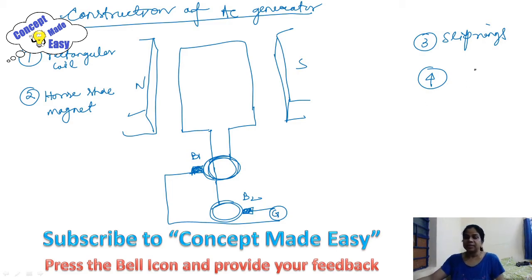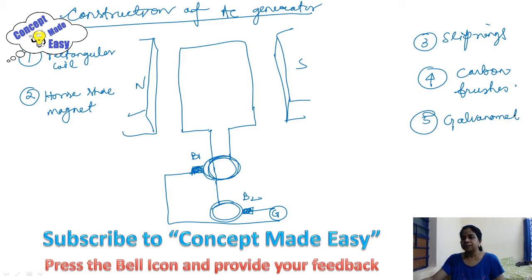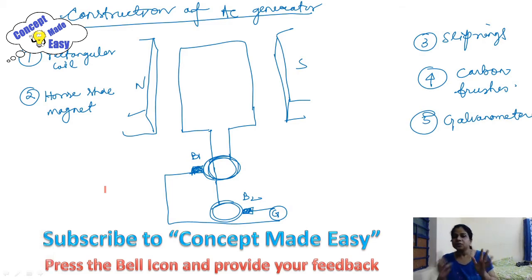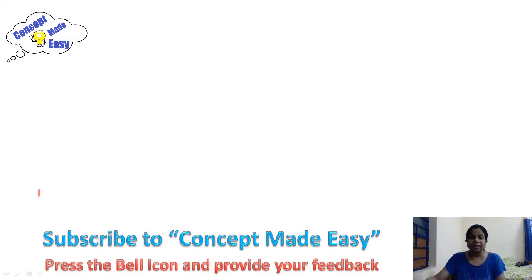Next, the fourth component is carbon brushes, and fifth is the galvanometer. Here I am going to use Fleming's right hand rule. So this is all about the construction of the AC generator. This is very simple, and you need to understand it before going to the generator part. You need to understand the motor so that there is a better comparison and you can easily remember both the motor and generator concepts. So let me go to the working principle.